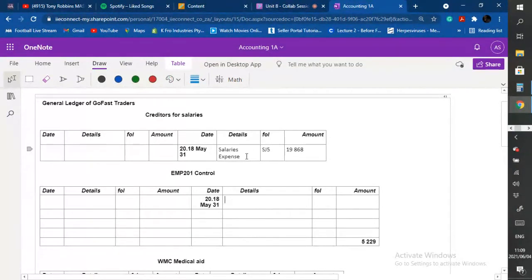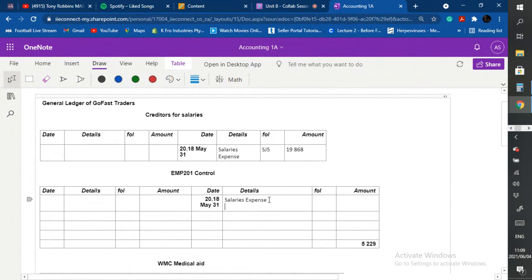So here we say, and maybe I should just copy and paste this. Salaries expense, but here I want to start with PAYE, like they do in the example. Okay, salaries expense, and here I want to put UIF.